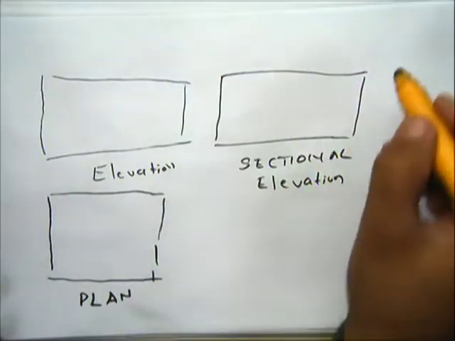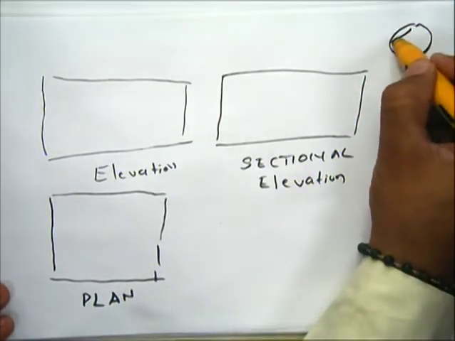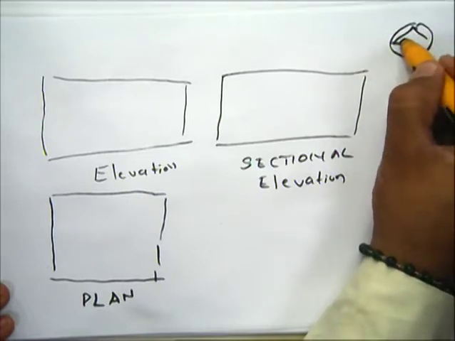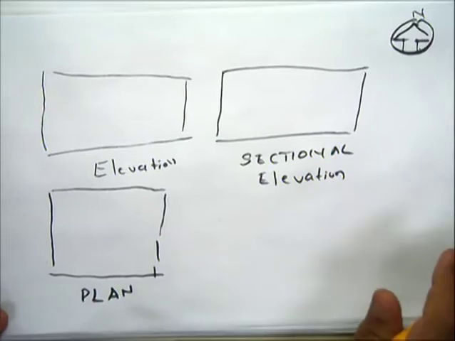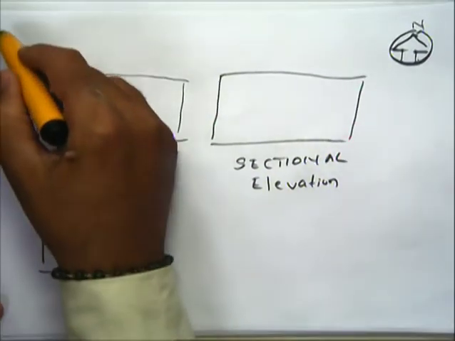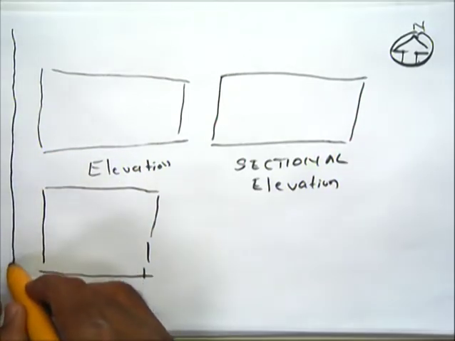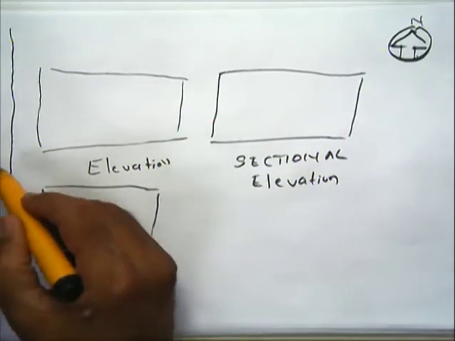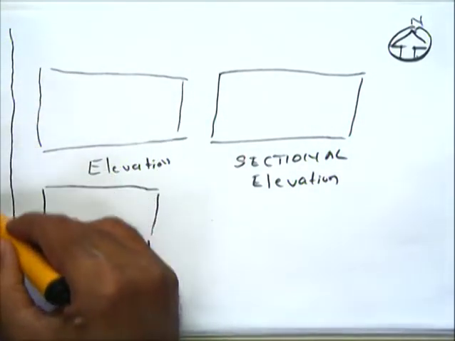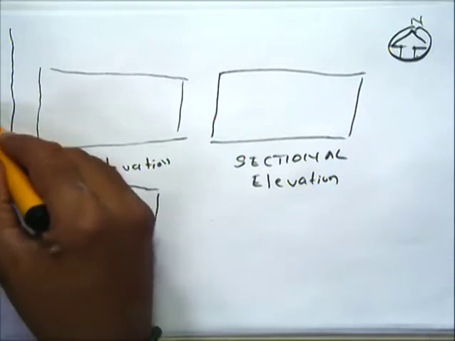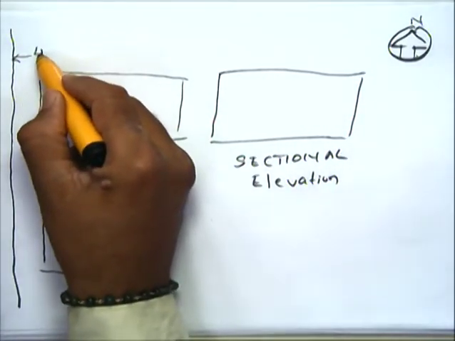In this way, here we will be putting the north direction. And there should be the margin. Before starting drawing, we have to put the margin on the left side. We have to put the line parallel to the edge of the paper, leaving a margin width equal to 40 mm.